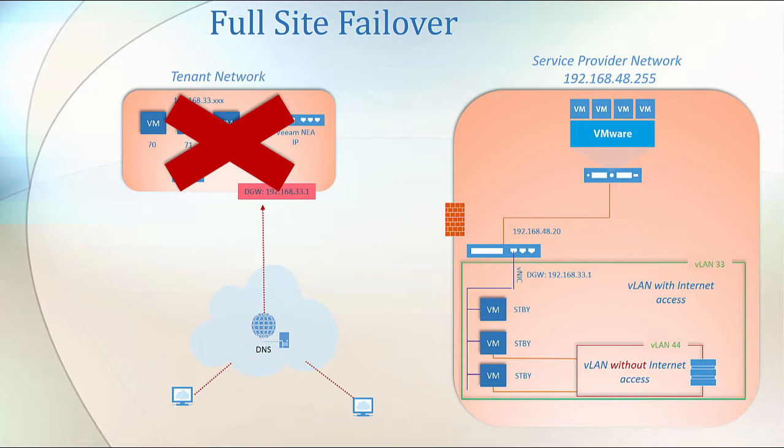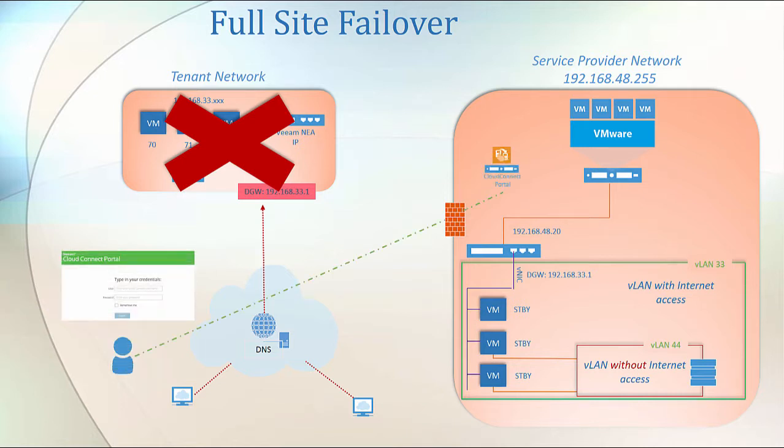As the tenant is using Veeam Cloud Connect for his DR strategy, all that the tenant needs to do once he is notified about the disaster is connect to the Veeam Cloud Connect portal using any web-enabled device and initiate a failover plan, or full site failover.